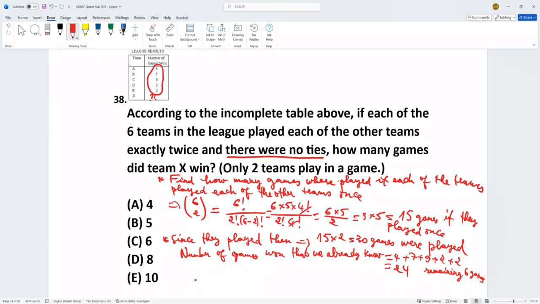So for these 6 games, we have 2 possibilities. They were either won by Team X, or maybe there were some ties, but the prompt says that there were no ties.